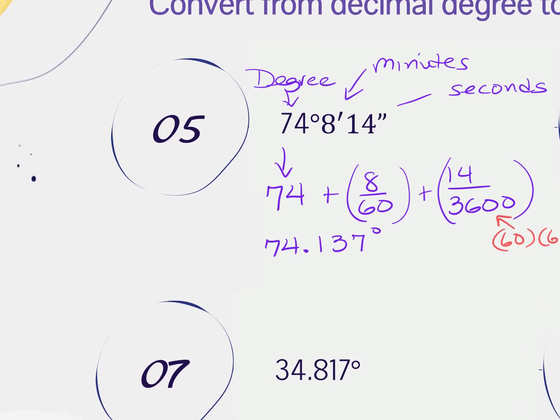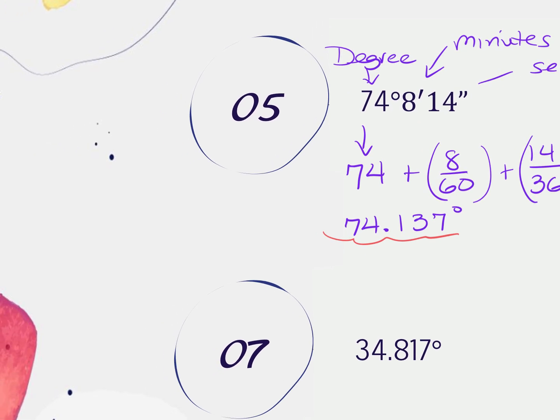Let's say this was our given problem and we wanted to convert it back to DMS, to degrees, minutes, seconds. So to go the other way, what you're going to do is you leave the whole number alone. That becomes your degree. Then for the minutes, what we do is we take the decimal portion.